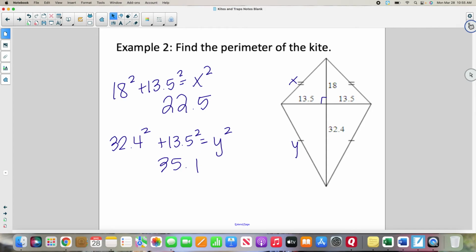We need 2 of these plus 2 of these. And what do we get? 115.2.